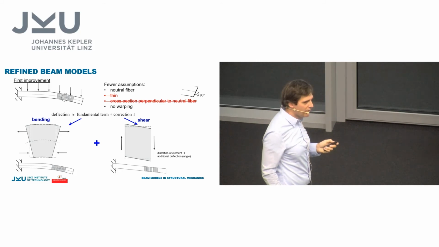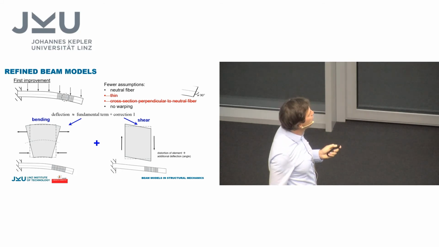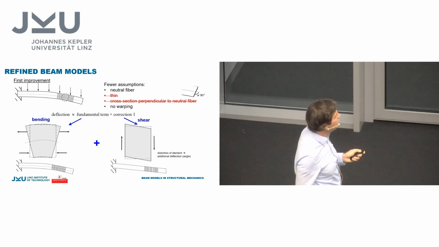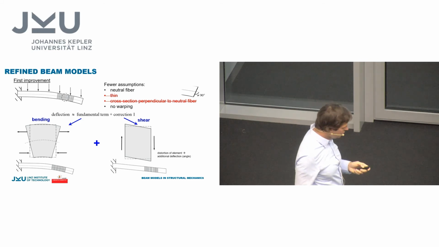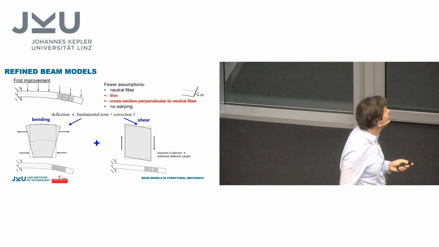If you have a rectangle, it will become a parallelogram after deformation. So for each element here, you have to sum it up, and if you sum it up for the whole of the beam, you get a first correction of this formula.